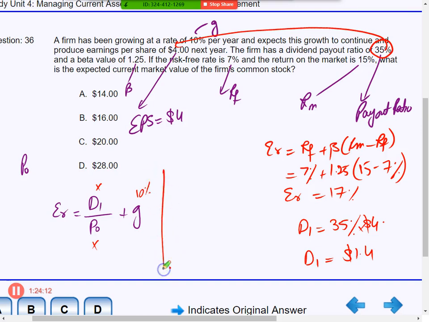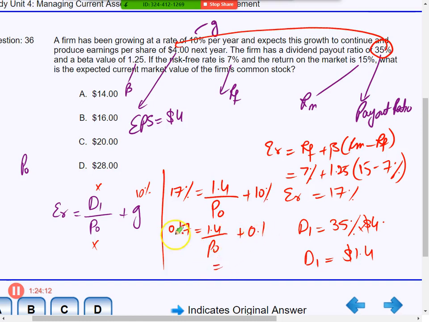Plug the numbers. ER, expected return on the market. We've calculated the expected return on the asset is 17%. Dividend that is going to be paid next year is 1.4. Current share price, that is what we need to determine, and growth rate is given as 10%. Let us bring this into decimal system. 17% means 0.17, 1.4 upon P naught, and this 10 means 0.1.